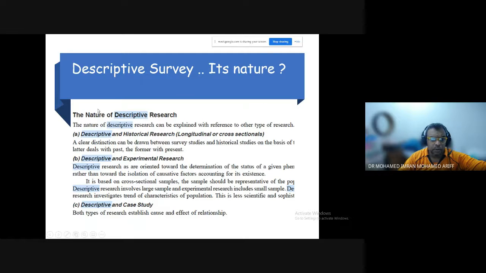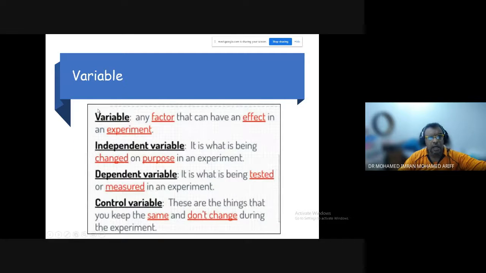Nature, okay, ni semua boleh baca lah. Okay, what is variable pula? Okay, so once we start talking about descriptive analysis, we also need to highlight variable juga. So variable is any factor that can have an effect on the experiment. Independent variable, dependent variable. Independent is what is being changed, apa yang berubah. Dependent is what is being tested, measured. Okay, contohnya losing weight.